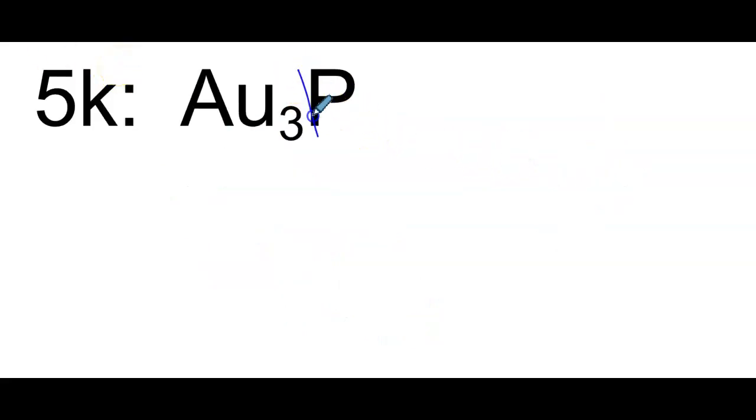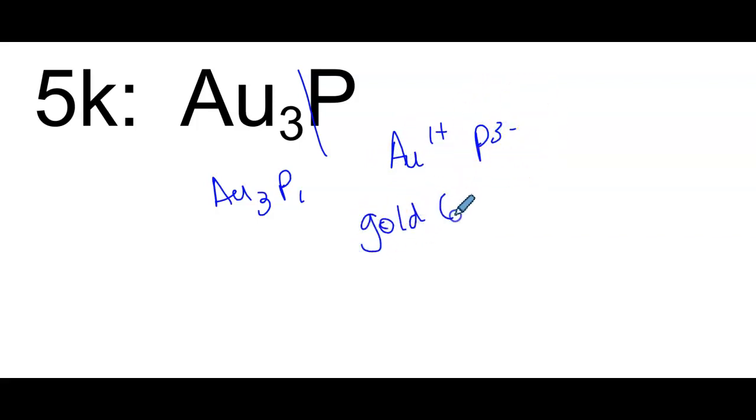I'm going to split this here. I'm going to see that AU has a roommate. So I'm going to rewrite all the numbers that would be there, the ones that were left off in our reverse method have to be put back in and considering how to name it. So AU plus 1, P 3 minus. P should be a 3 minus, so this is gold, Roman numeral 1, phosphate.